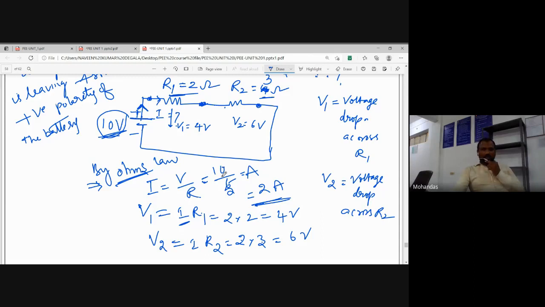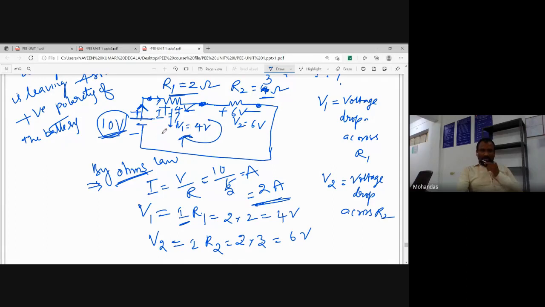Now you have to assign the polarities for V1 and V2. How to assign the polarities for this passive element? Initially it is plus and minus. Here there is 6 volts, here there is 4 volts. Now apply the KVL.